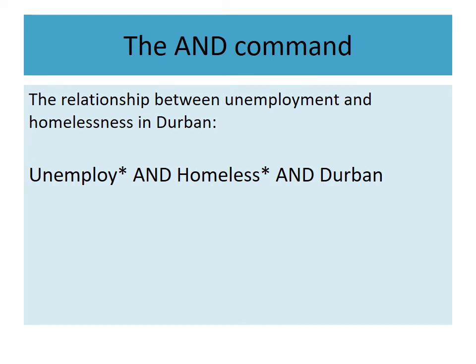Unemployment AND homelessness AND Durban. But you could also be looking for unemployed and unemployment. So we are going to use the root word unemploy, put the asterisk there, and we are going to do the same with homeless, because it could be homeless or homelessness. So we're also going to put an asterisk there, so it will search for both.